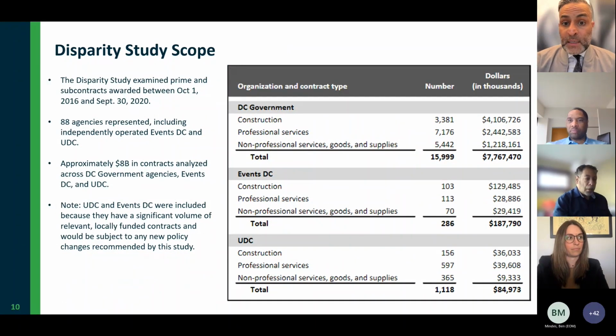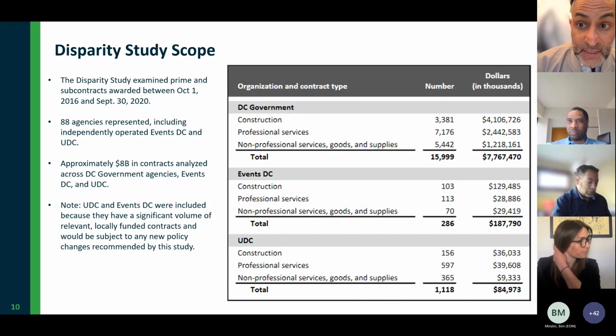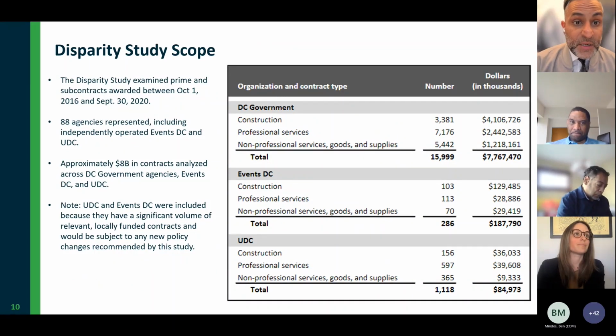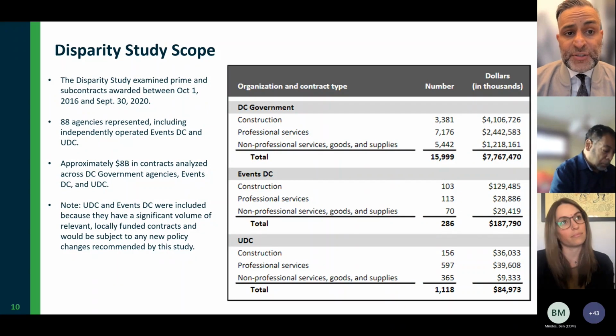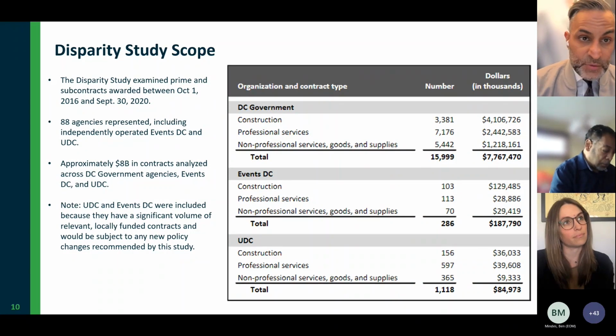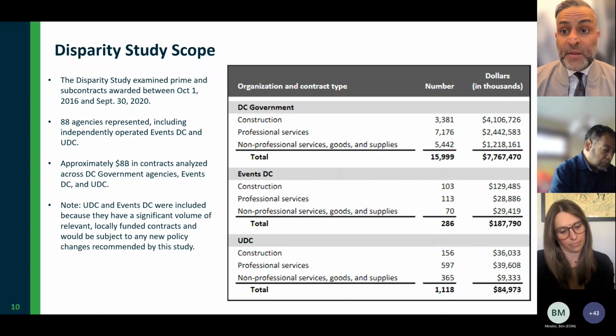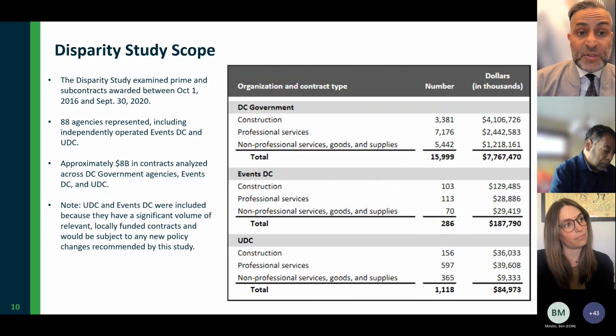So just some characteristics of the data that we looked at as part of the disparity study. We worked really closely with DC government to collect information on prime contracts and subcontracts that the agency awarded during our study period, which was October 1st, 2016 through September 30th, 2020.